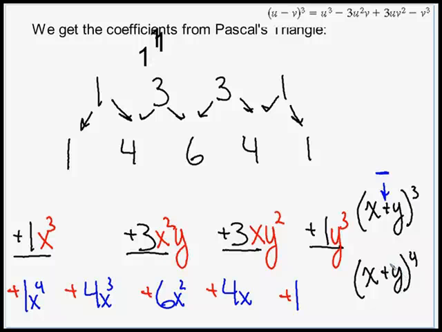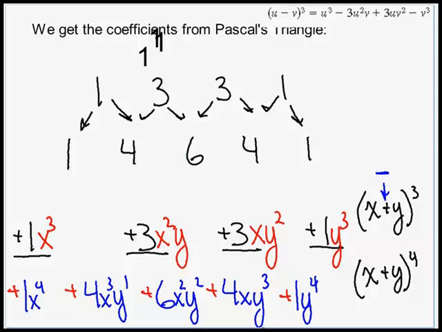I have my y as my second variable, y to the fourth power goes at the very end, and then we start working back to the left. Y to the third, y squared, y to the first, y to the 0. As we read this entire thing left to right, the x's powers decrease, the y's powers increase. Here's our y to the 0, y to the first, y squared, y to the third, y to the fourth. And there's the expansion of x plus y to the fourth power.